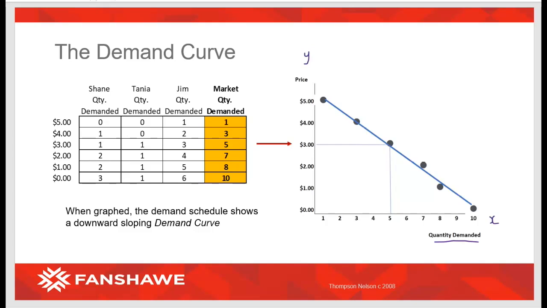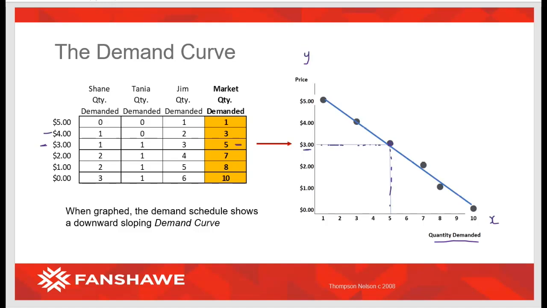So here, for example, if the price is $3, then we know that the total market demand will be 5 units of coffee. So I just correspond my point, and here's 5 units of coffee, and there we go.